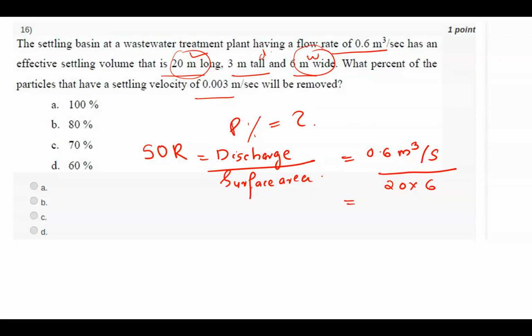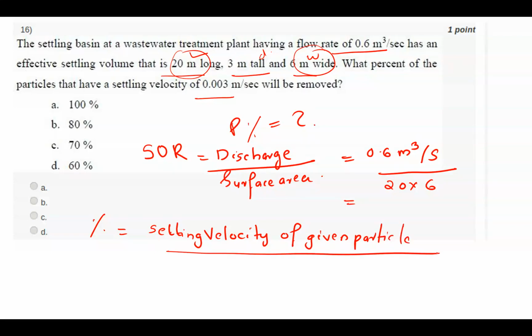Then the percentage of removal is equal to the settling velocity of the given particle divided by the settling velocity of the concerned size of particle.